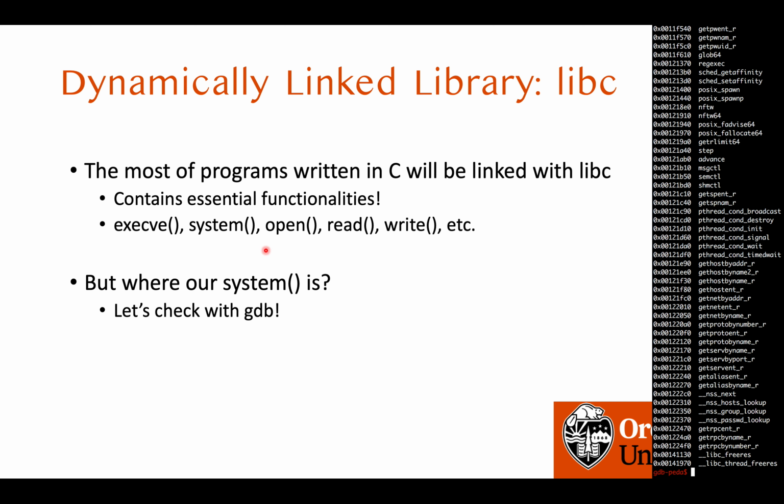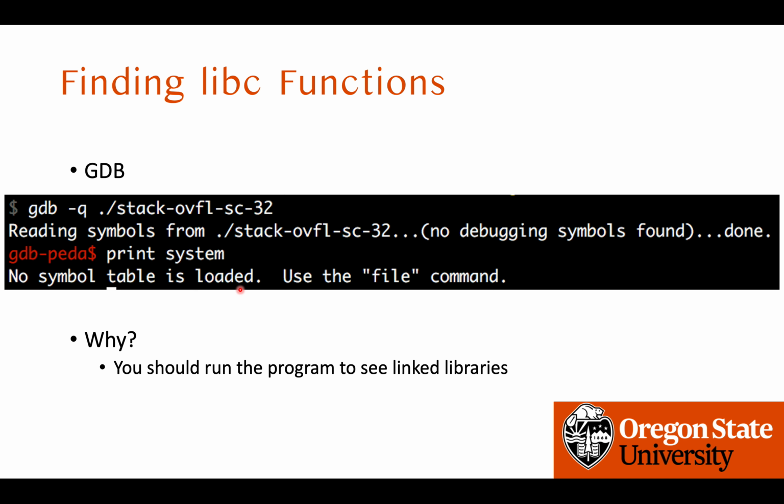Then you might be curious about how you can get the address of system. Because if you can set the return address to the system function, then you can run some other command, maybe cat flag. You can find the address of libc functions using gdb. What we will do is run gdb on the target program and run print system to get the address of system.